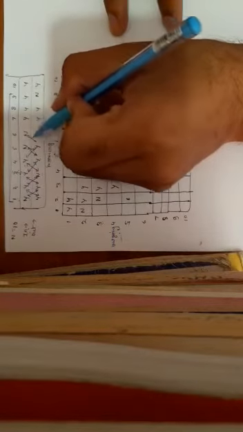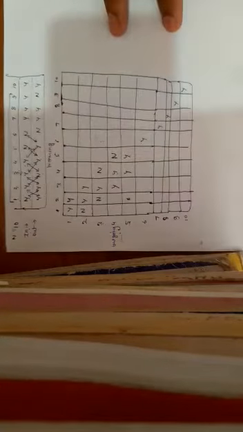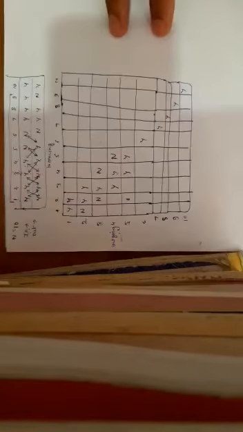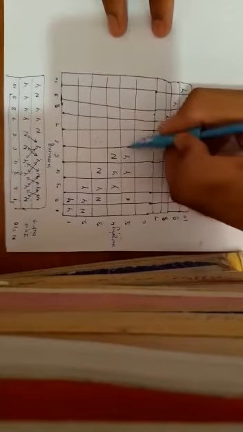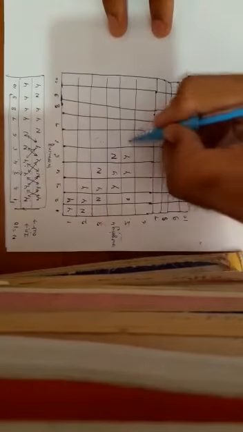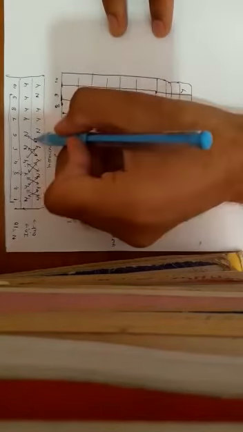From 5th to 6th I will move on and continuously do the same. From 5th to 6th it is no, and 6th to 5th is also no.